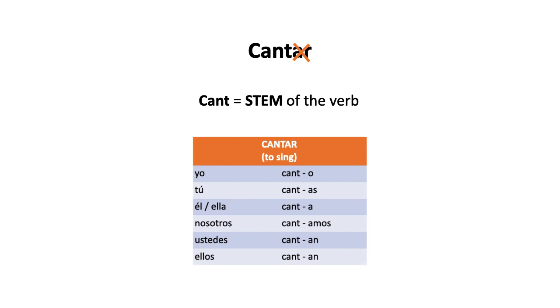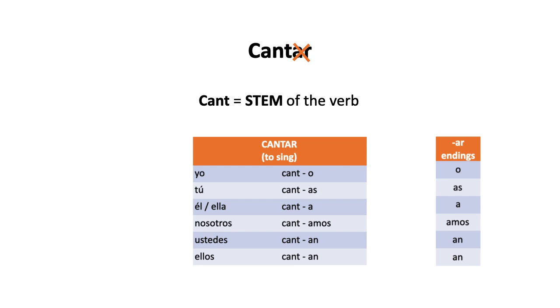I use it for all the 6 forms of the verb. And the one thing that changes is the endings. O, as, a, amos, an are the ar endings. And I'm adding those endings to cant because the infinitive ends in ar, which tells me that this is an ar verb, right? This is review, right?